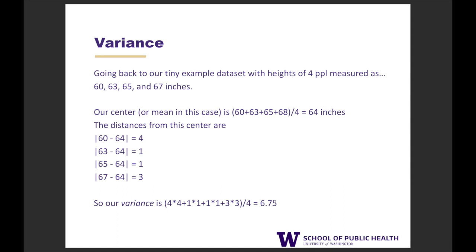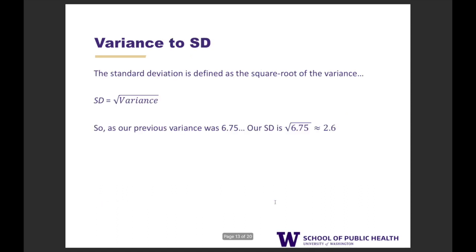That's how we would calculate our variance. Originally, we wanted the standard deviation, not the variance. So how do we go from one to the other? The standard deviation is defined as the square root of the variance. So we take that number 6.75, we take its square root, and in this case we get 2.6.